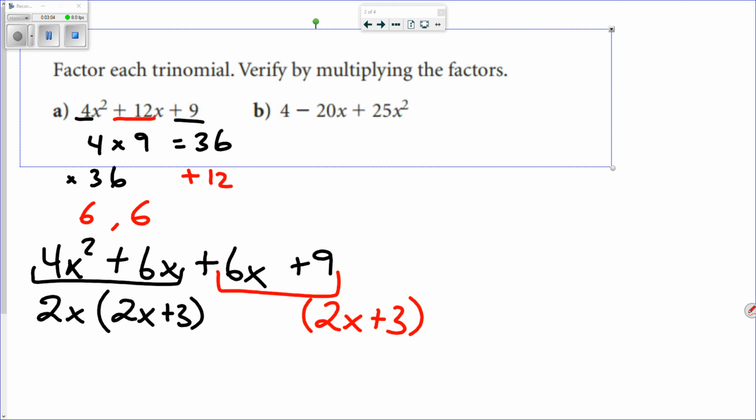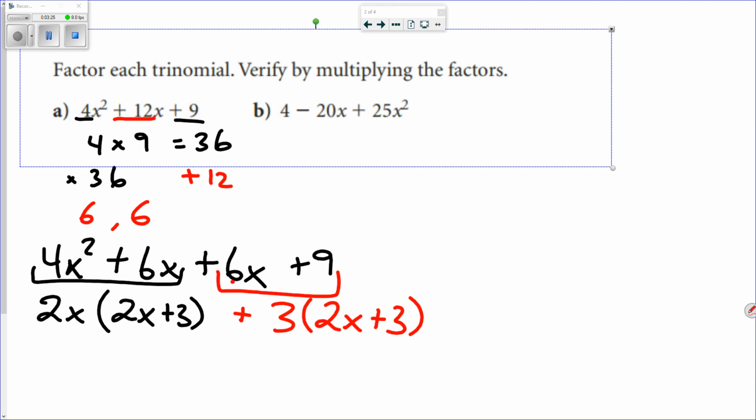So we look at our numbers. We have a 6, we have a 9, we can factor out a 3. And when we factor out a 3 from 6x, we're left with 2x. 9 divided by 3 is 3. So we have factored correctly, but we're not quite done.